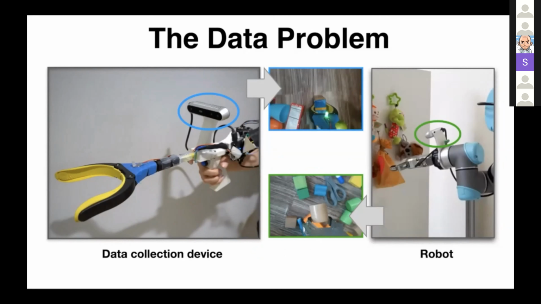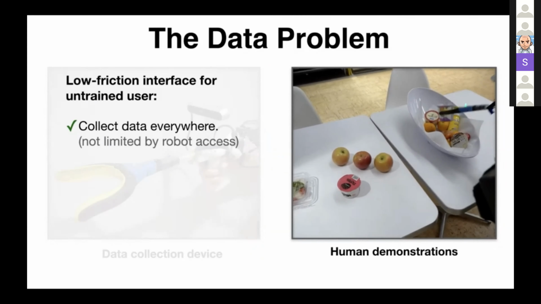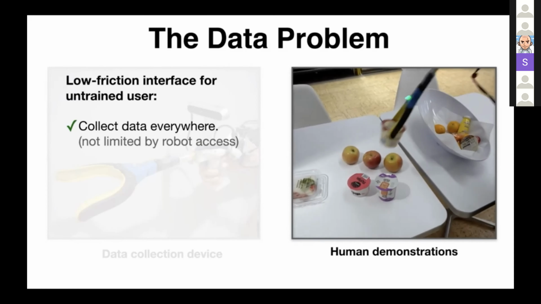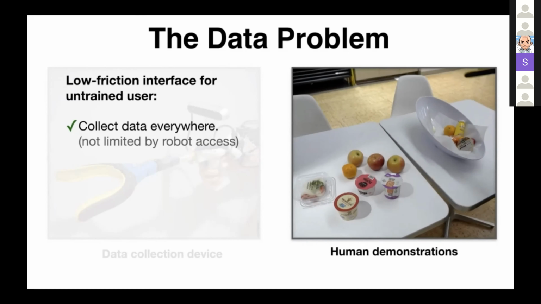This device is designed to mimic the real robot's end effector with a very similar gripper and the same RGBD camera. So this hardware device provides a very low-friction interface that enables untrained people to collect grasping data in almost any environment, no longer limited by the robot's physical access.